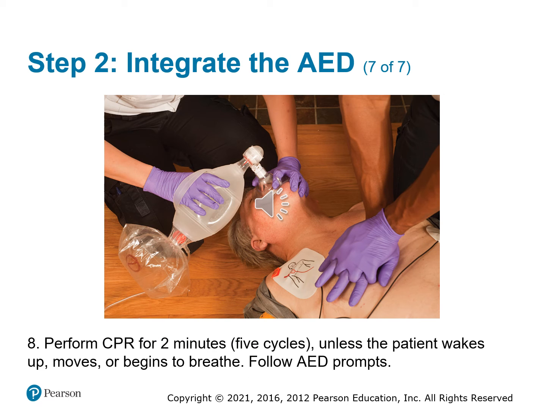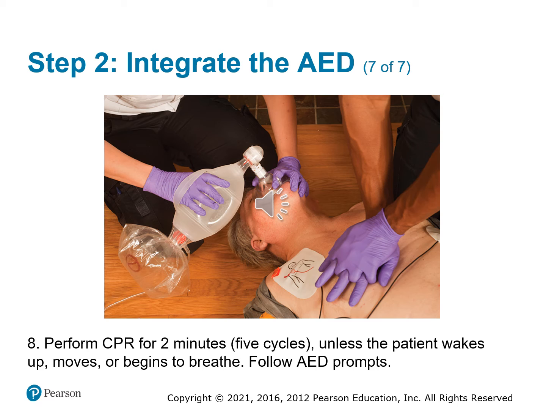This picture is pretty good. It shows we've got one rescuer providing compressions. You can see the heel of one hand on the lower part of the sternum. The fingers are interlocked and the shoulders appear to be right over the sternum to allow the hips to be the fulcrum, and good compressions hopefully will occur.